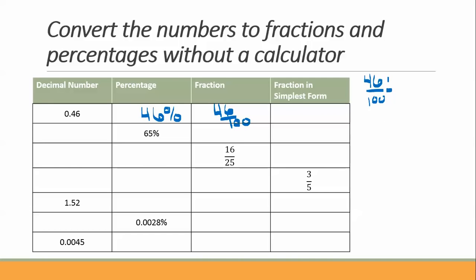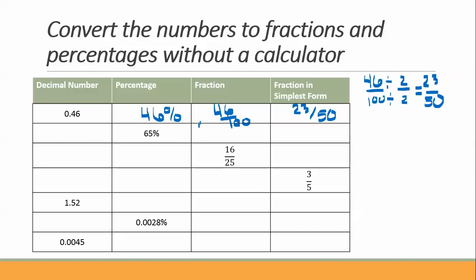We can divide numerator and denominator by 2. Notice I did 2 over 2. These are both even numbers, that's why we can divide them both by 2. And we get 23 over 50. These two don't have any more common factors, so that's simplest form. So 23 over 50.